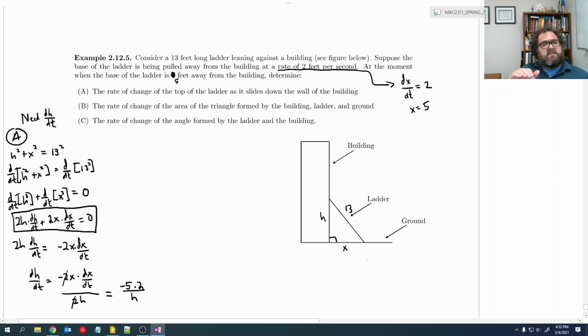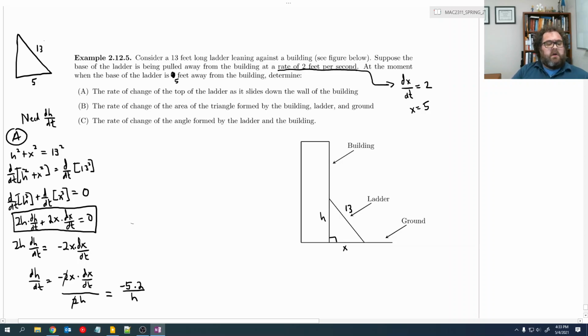Kind of like we did in the example with the hot air balloon using trig, where we had to find the height of the hot air balloon at that specific moment. Here, we need to find the height of the ladder when the base is 5 feet away from the wall. In other words, we're going to consider the specific triangle whenever the base is 5 feet away from the wall. And of course, the hypotenuse, the length of the ladder, is 13.